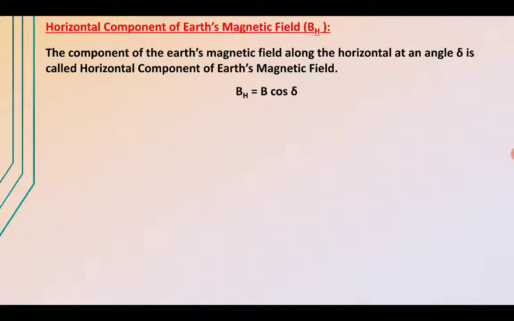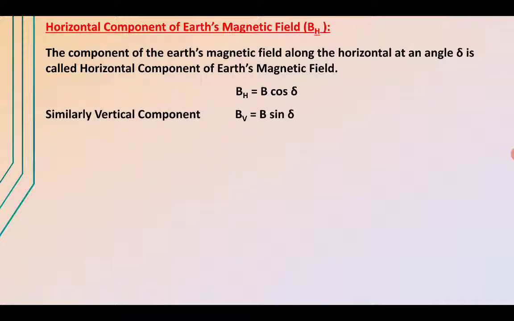At the magnetic equator, delta is equal to 0°. Therefore, at the magnetic equator, BH becomes the net magnetic field. And at the poles, delta becomes 90°, and the horizontal component of Earth's magnetic field at the poles becomes 0.